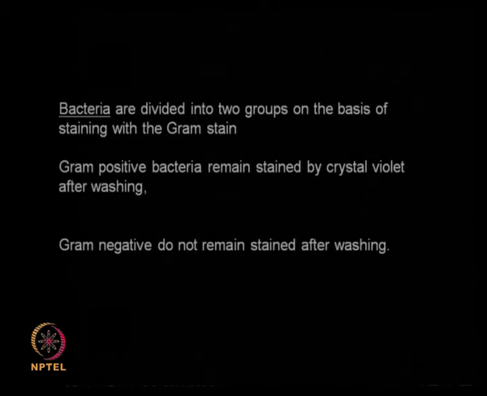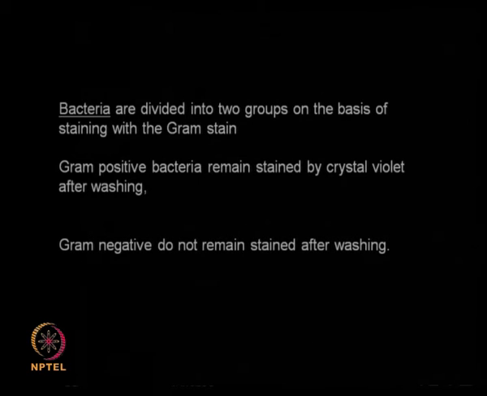So there are two types of bacteria, the gram positive and the gram negative. It depends on the staining. Gram positive remain stained by crystal violet even after washing, gram negative do not remain stained after washing. That is how bacteria have been classified into two broad categories.